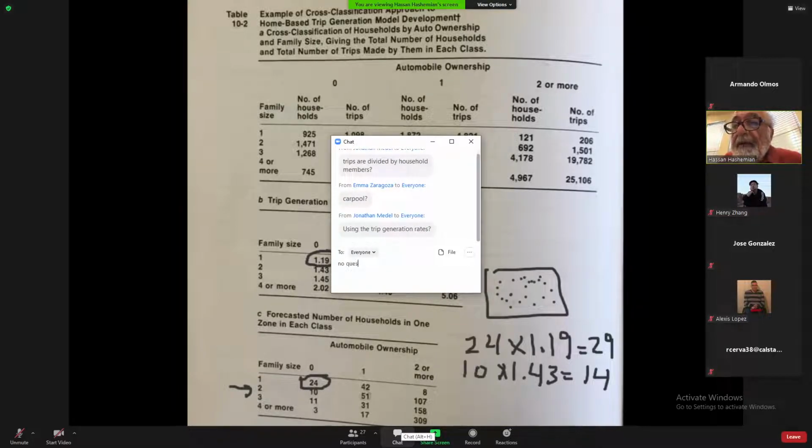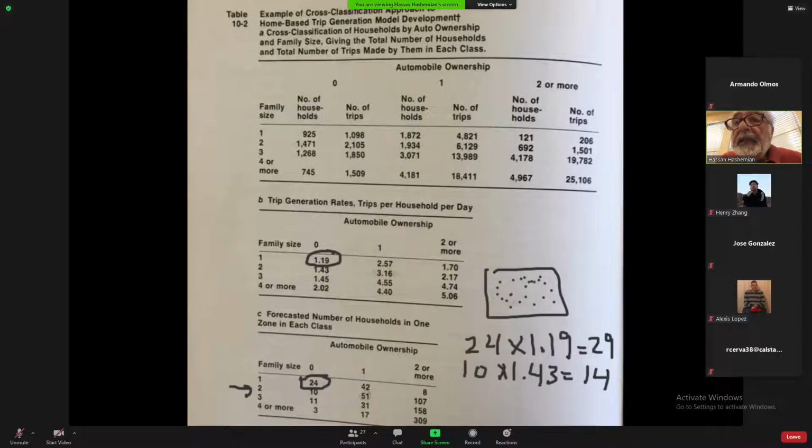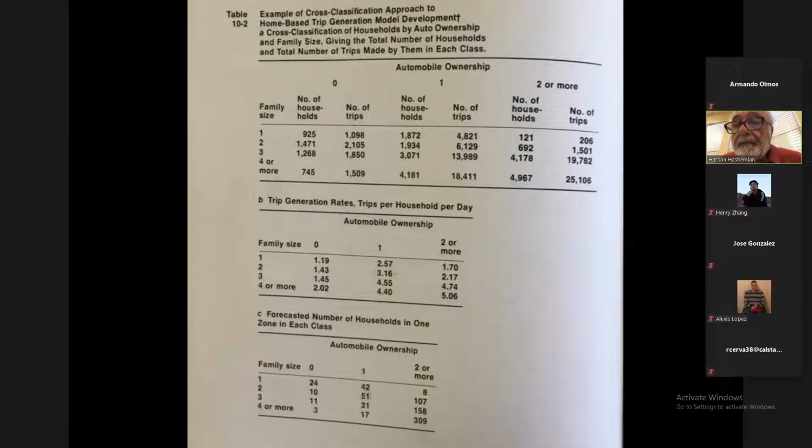So if we do that, we are going to end up with all of these. We're going to end up with 29 trips on the first one that I calculated. We're going to have 14, and we're going to have 16, and we're going to have 6.